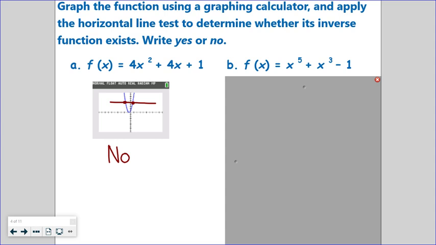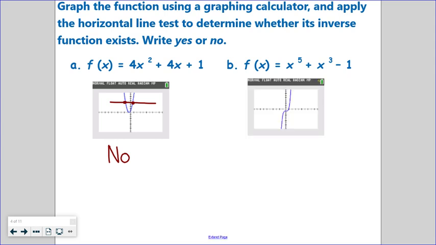Okay, so we should have been seeing this picture. Is that the one you guys saw? Do you see the little part that I'm looking at that's questionable?